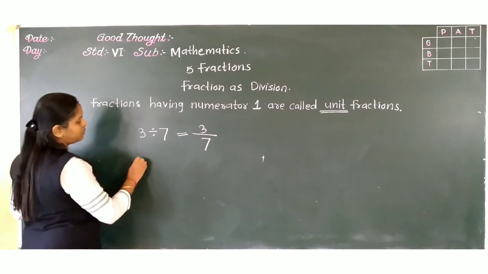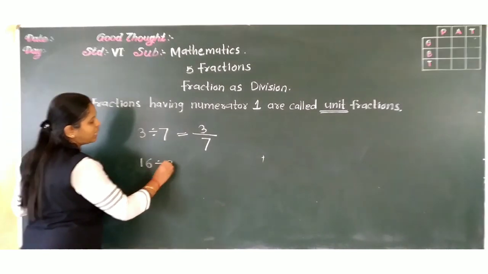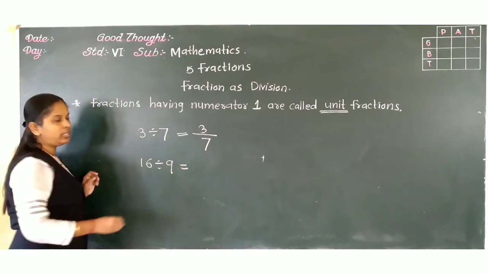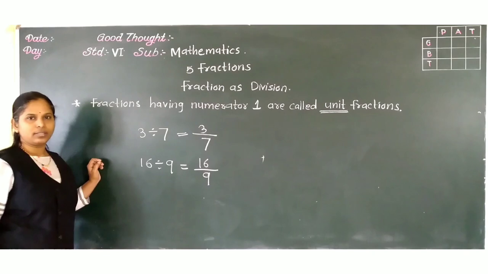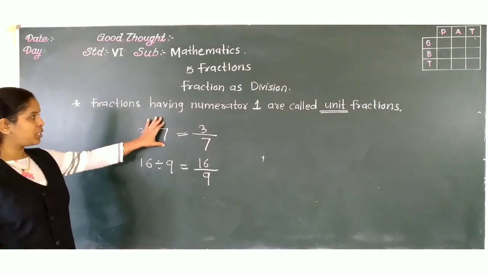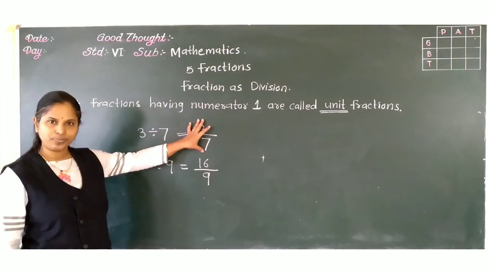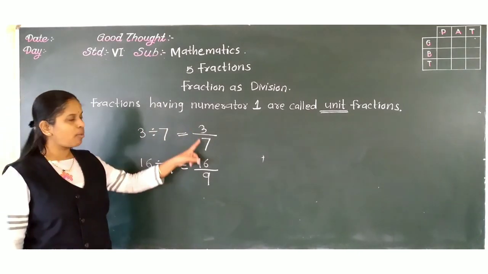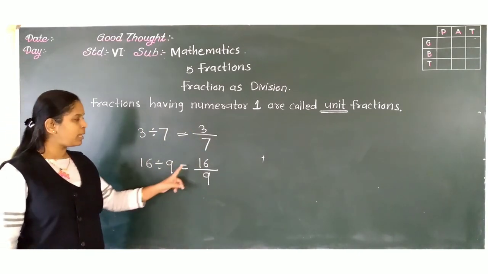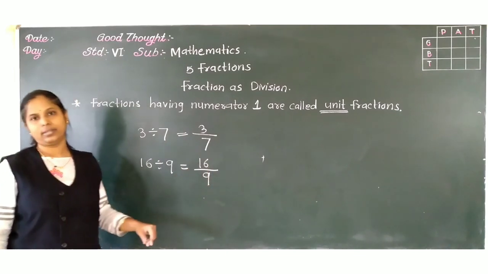Or 16 divided by 9. We can write this division in the form of a fraction. See here, 3 divided by 7 is 3 upon 7, and 16 divided by 9 is 16 upon 9.